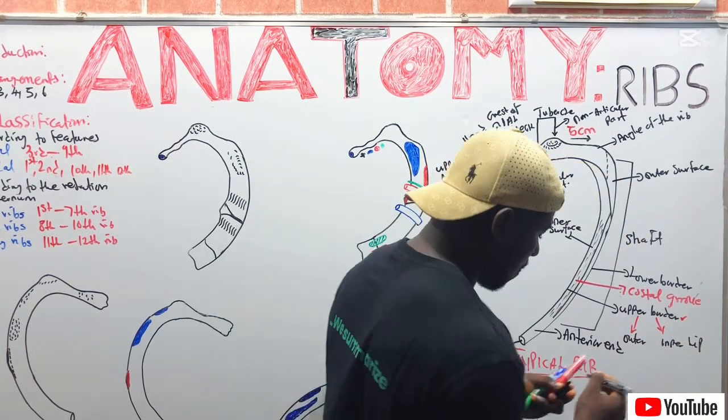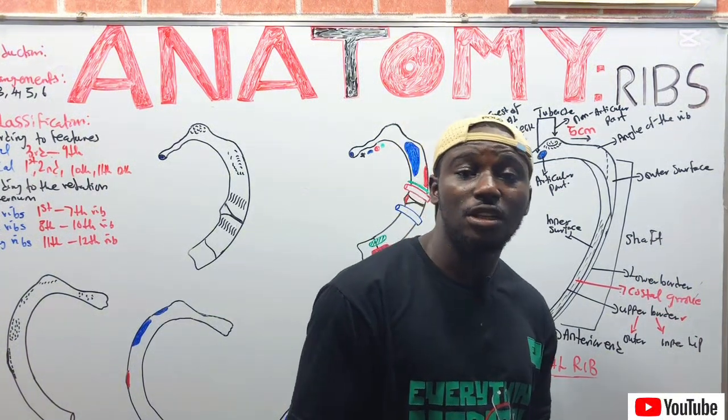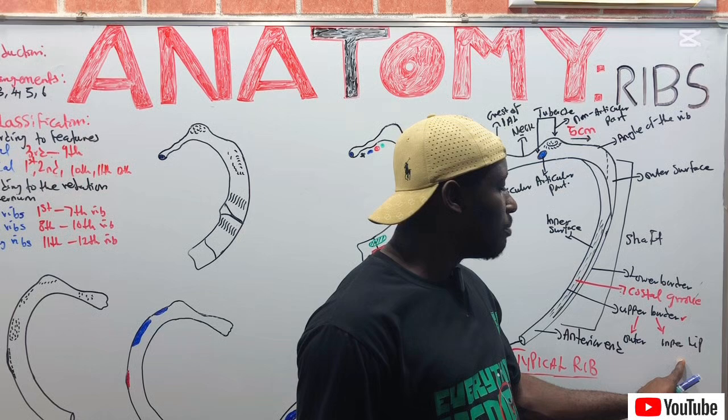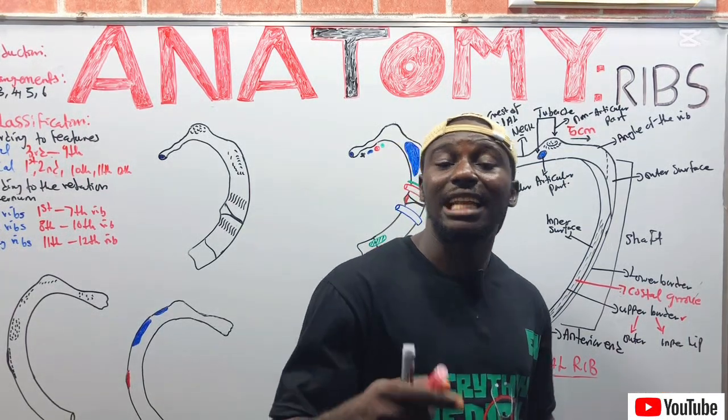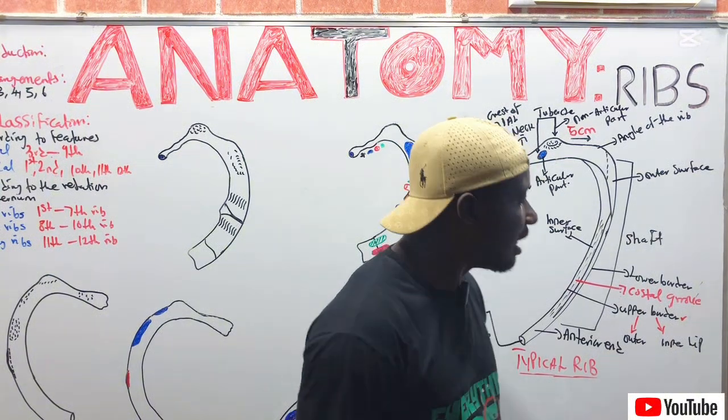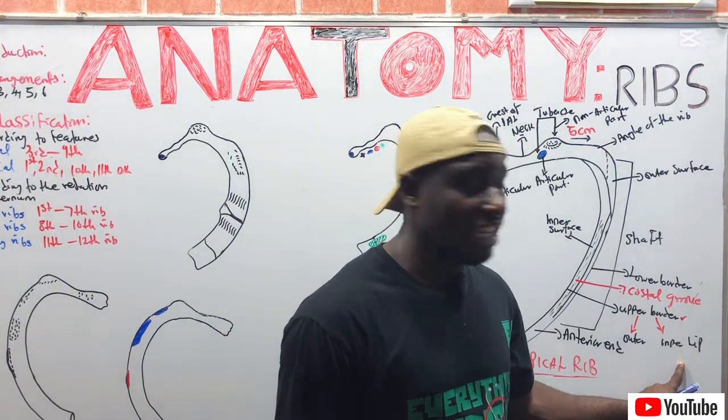The outer lip provides attachment of the external intercostal muscle, whereas the inner lip provides attachment of the internal intercostal muscle and also the intercostalis intimus muscle. That is how they are being fashioned.